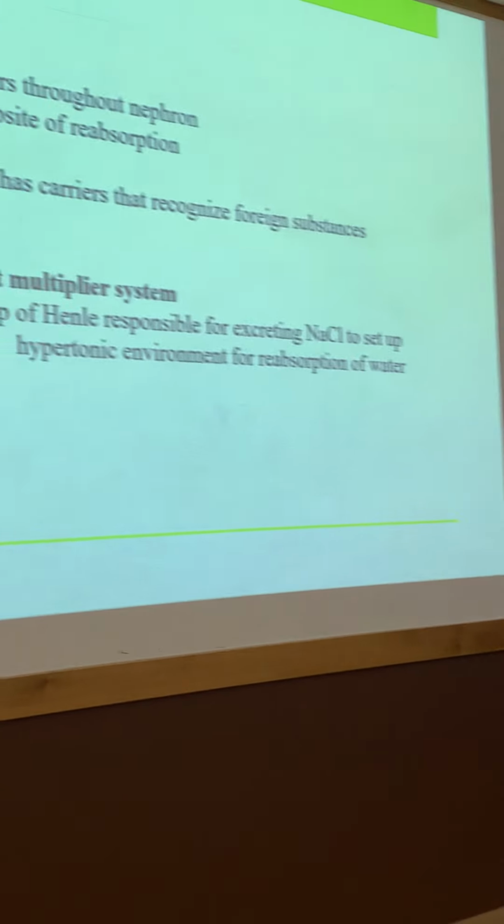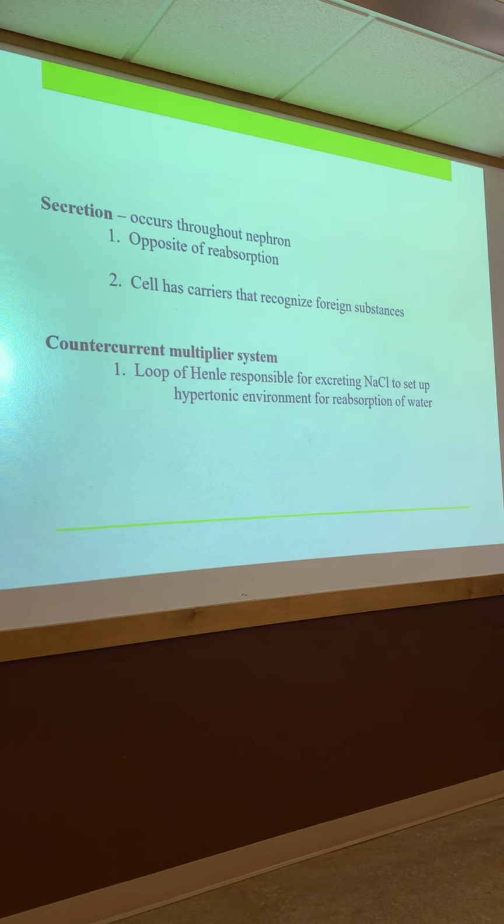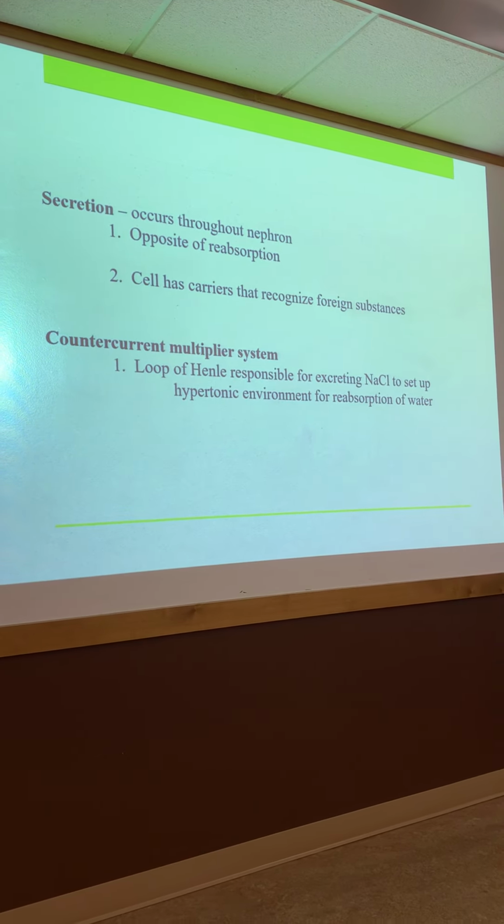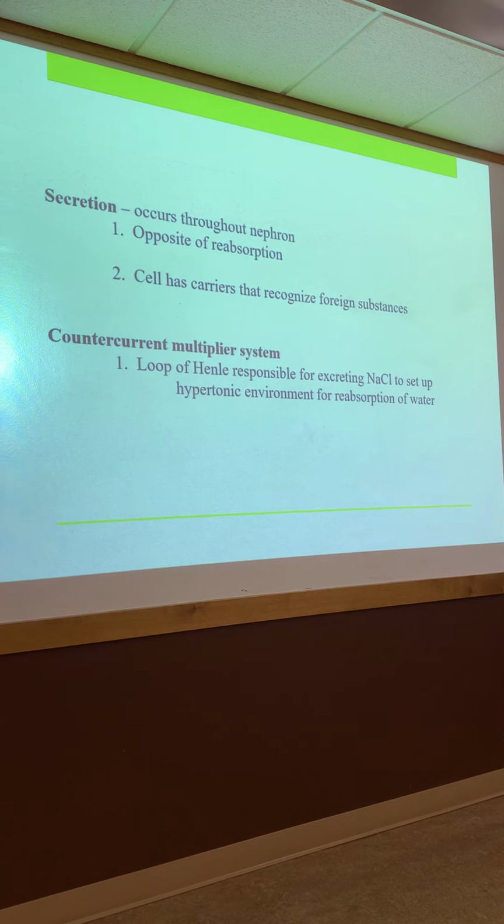That process or that mechanism is called the countercurrent multiplier system. All I want you to know is that it concentrates the urine. It reabsorbs water and concentrates the urine. It has to do with the environment. It's a hypertonic environment.